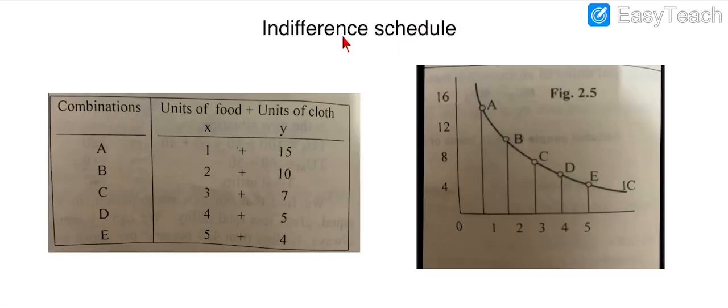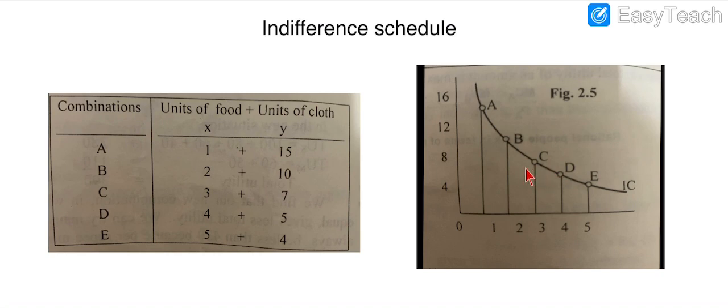Let's explain what an indifference curve is. As we read before, an indifference curve is a curve which has combinations of two commodities. Let's say you are going to purchase two goods, X and Y, and different combinations of X and Y on the same indifference curve show the same level of satisfaction.